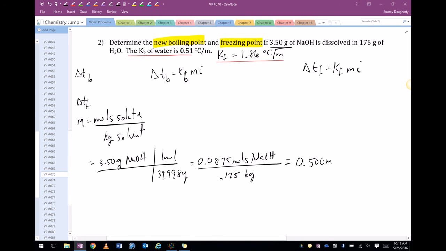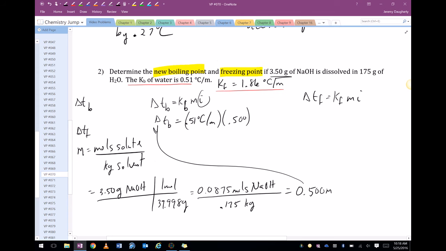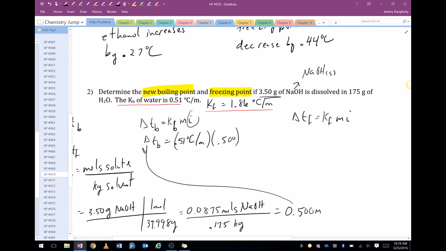Right. So now I can plug that value into here. So I'm still looking for delta TB. The Kb of water is 0.51, and again, that's just a value you can look up in your text. Molality is 0.5. Now the i, now we're dealing with sodium hydroxide. And sodium hydroxide in water breaks up into ions, like this. Okay, so that means we get an i, a van 't Hoff factor of 2.